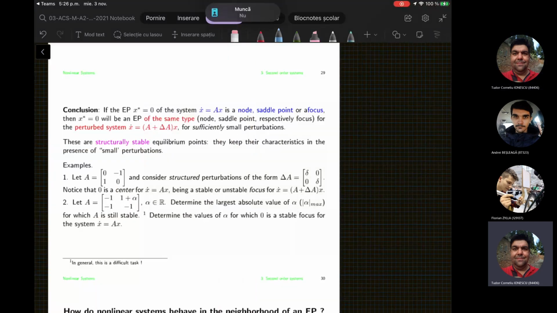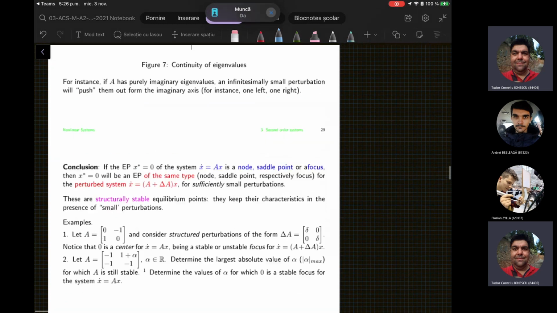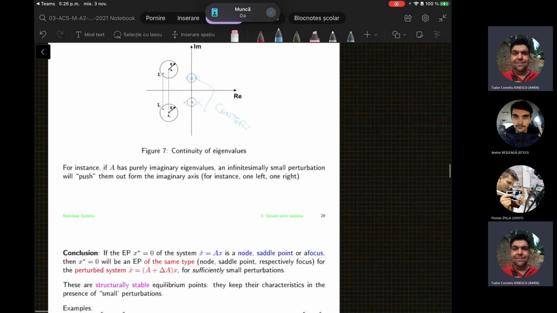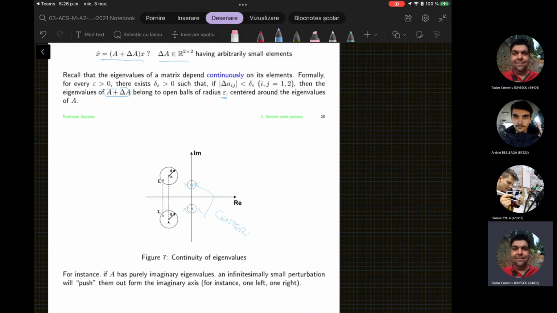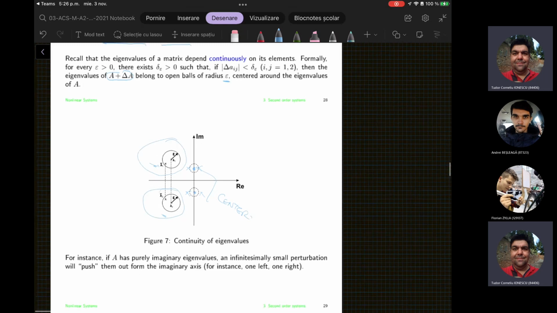Good. So we were talking about this, the perturbation of the eigenvalues, okay? And that some of them are structurally stable, and some of them are not structurally stable. So these eigenvalues here on this part are structurally stable because no matter how you perturb them, they stay there.